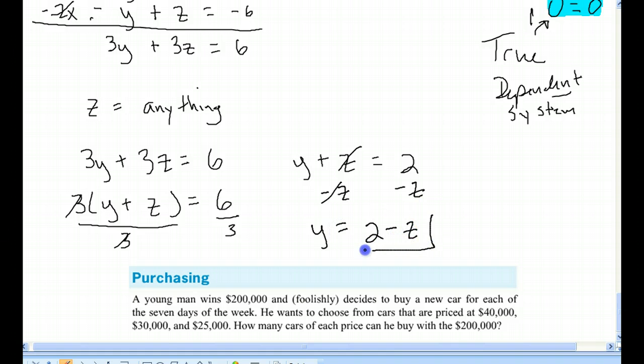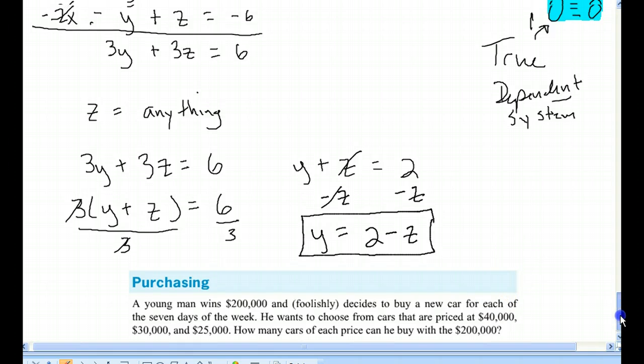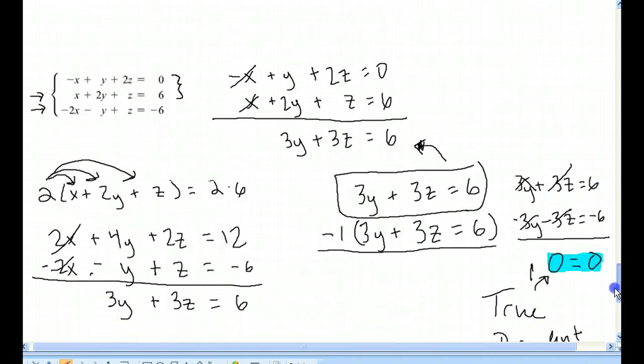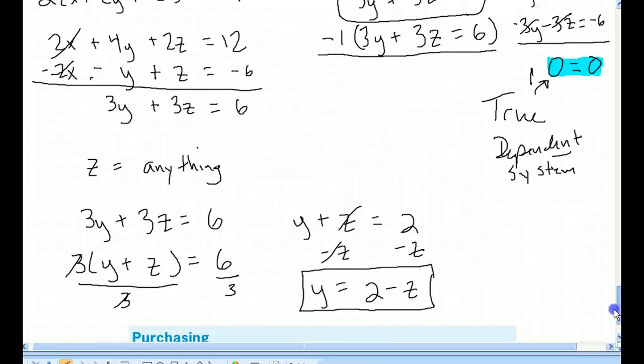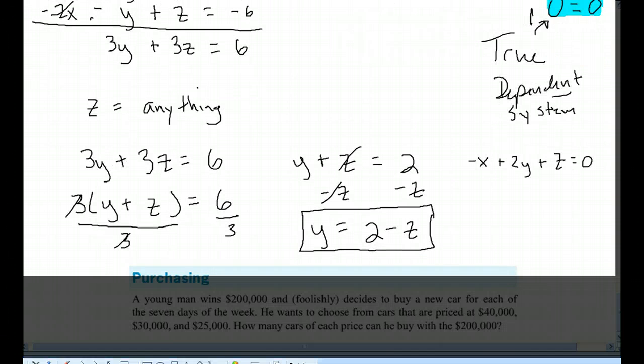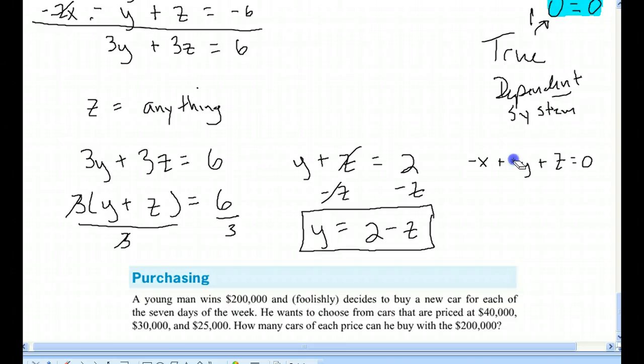Alright, so so far we've got z can be anything, y has to be 2 minus z, right? And then just take both of these things, substitute them back into any equation, and figure out how x is related to z. Alright, so I've got, let me switch that around, x plus y plus 2z equals 0.